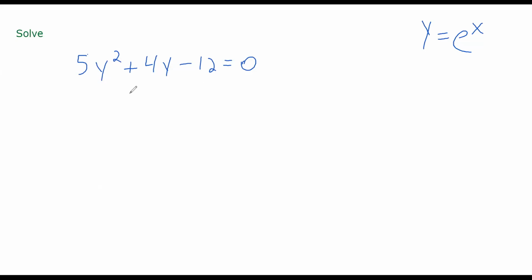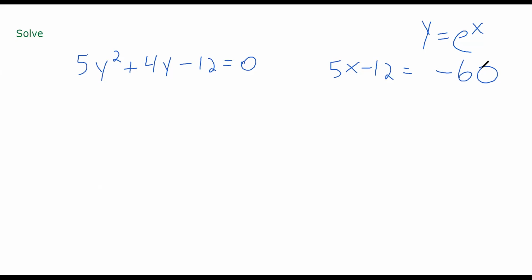Maybe we can try factoring it. Now remember, whenever you're factoring and there's a value in front of the squared term, what you do is 5 times negative 12, which will give you negative 60. And now you're looking for two numbers that, when I multiply them together, I get negative 60.